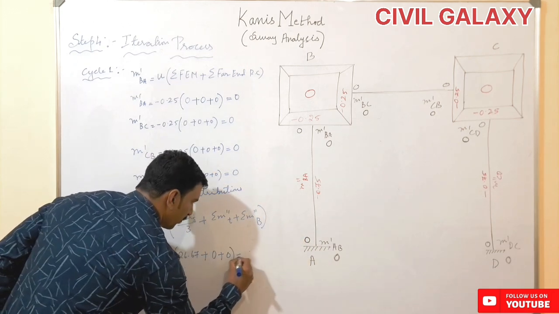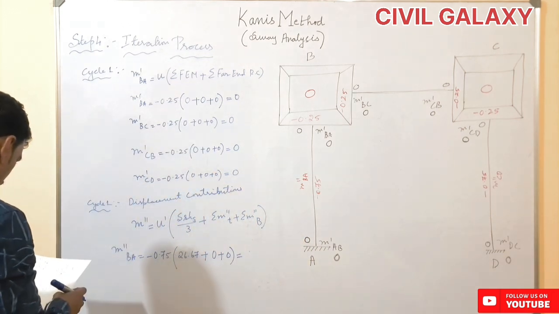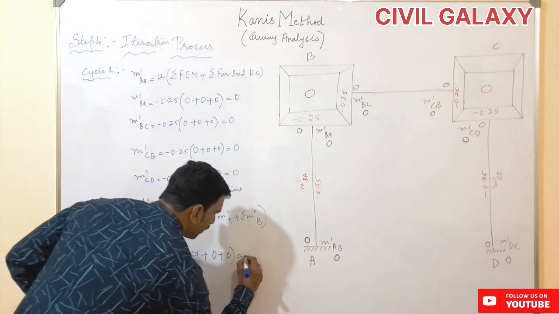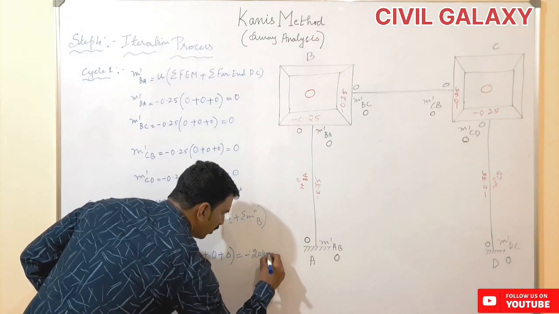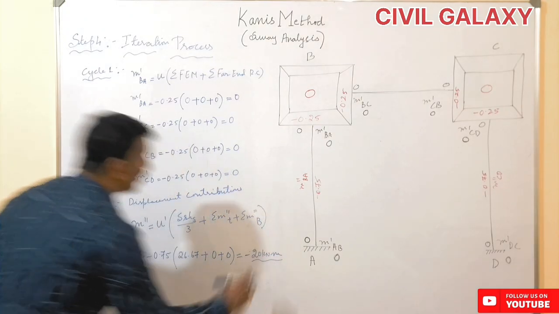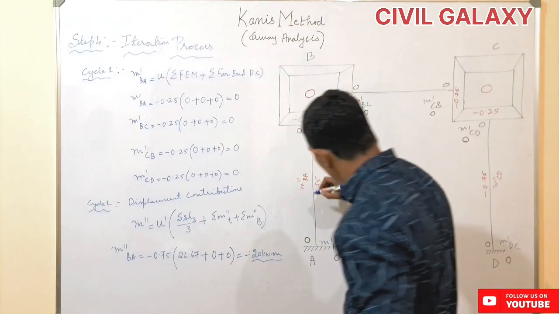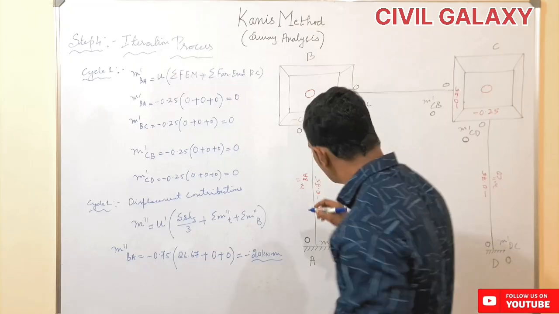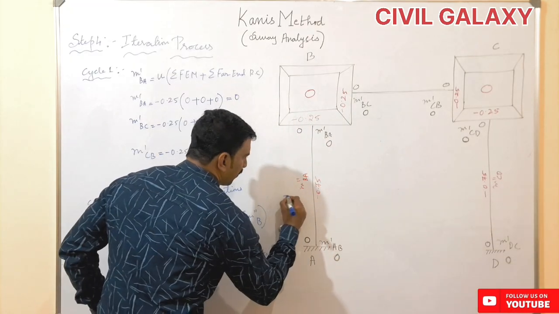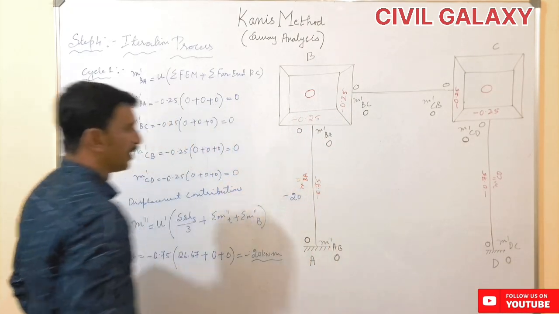So this gives a value of minus 20 kilonewton meters. We will add this value over here, that is minus 20.